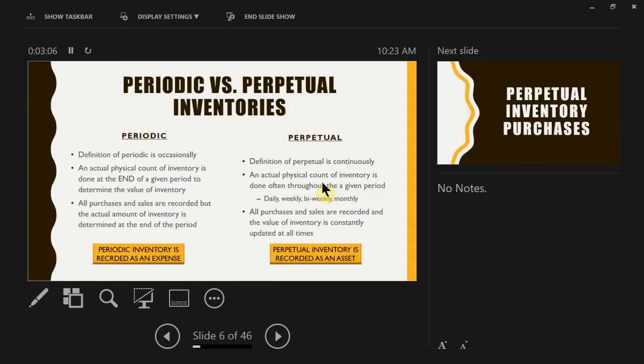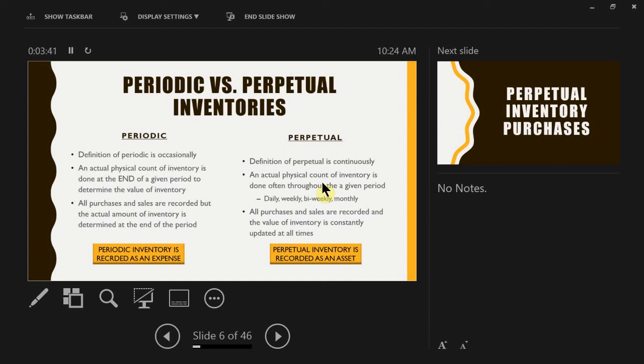And of course, we talked about the difference between periodic and perpetual, right? We are only going to be focusing primarily on perpetual because we've already learned periodic, right? We learned that when we're dealing with periodic, it means that you update your inventory every once in a while. Often at the end of a given period, you have a physical count of inventory, so at least you'll know how much inventory you still have.